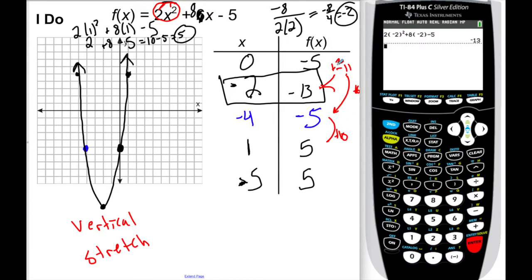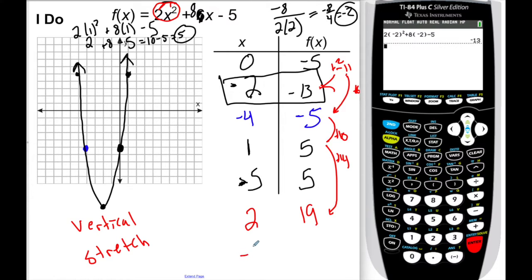So the differences, 2, 6, 10, well, this is going up by 4, this is going up by 4. So when I come to here, I'm going to be adding 14, and this will give me 19.